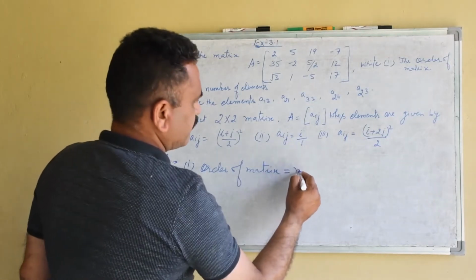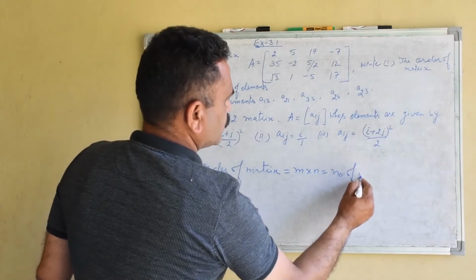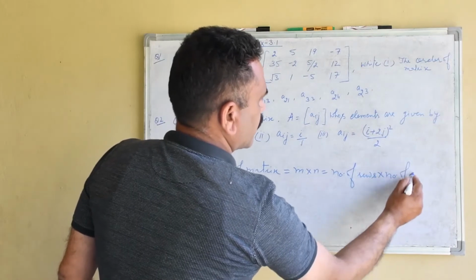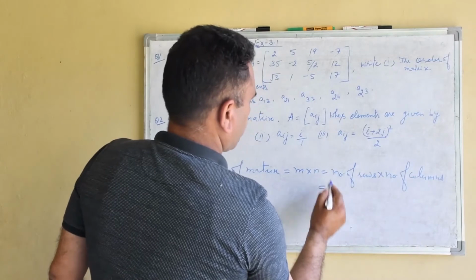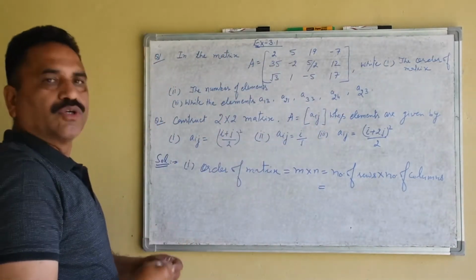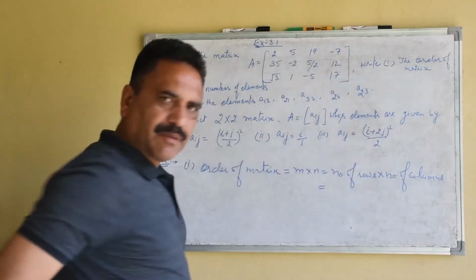That is M cross N, meaning number of rows into number of columns. So how many rows are there? Horizontal lines are known as rows of the matrix and vertical lines are known as columns of the matrix.